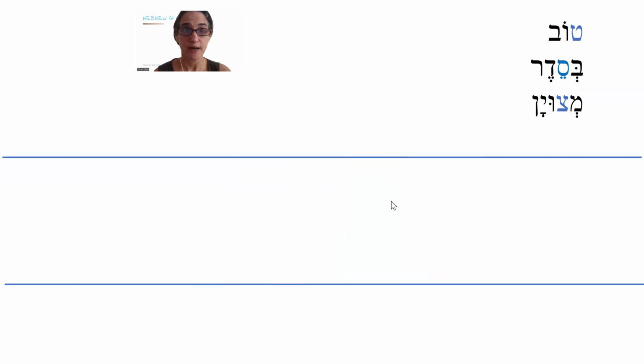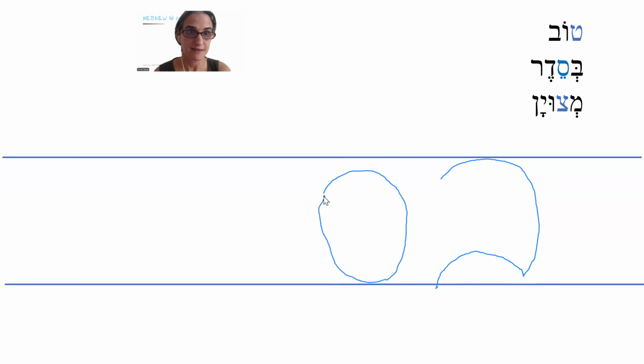And now let's write the word בסדר, okay or fine, a very, very common word in modern Israeli Hebrew. Now we start with a bet. Two curved lines, and then let's make the samech, just basically a circle, very easy.